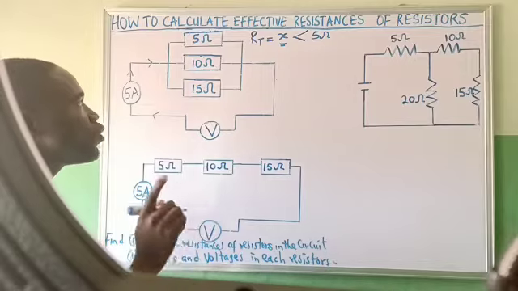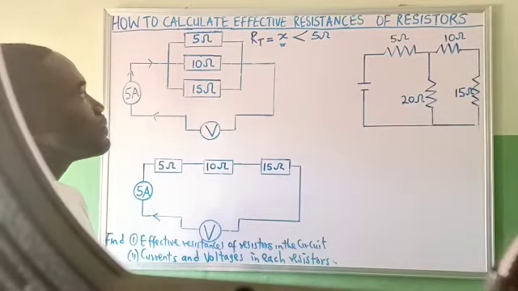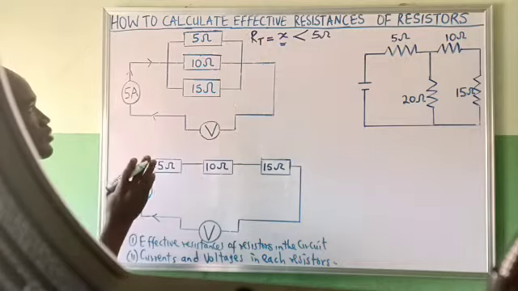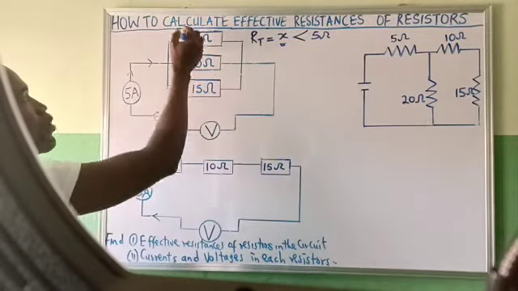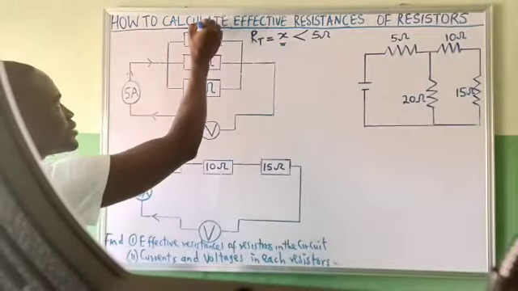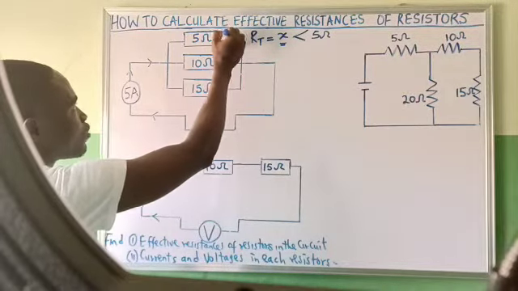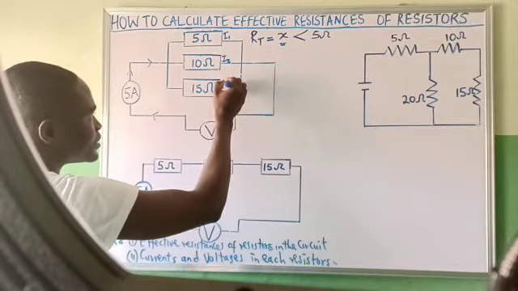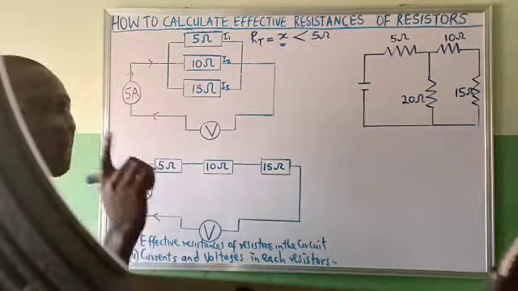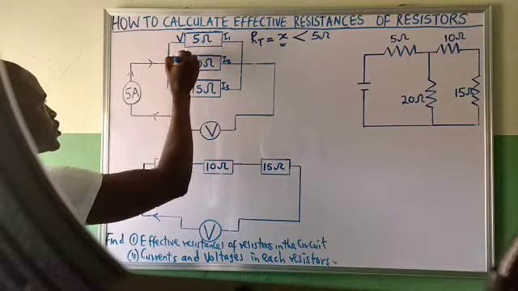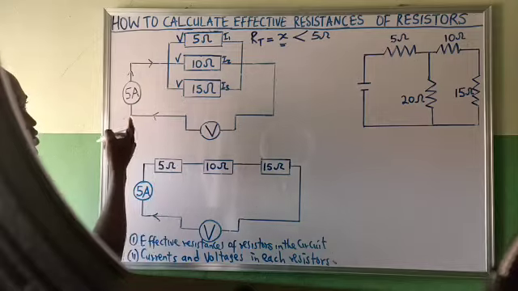Another point you want to know is that when you see resistors arranged in parallel this way, they will have different currents. The current for this one will be I1, this one I2, this one I3. They will have different currents, but the same voltage. Please note it.